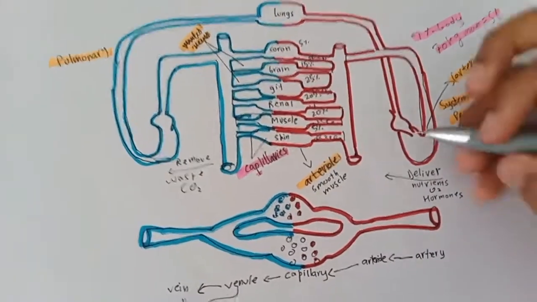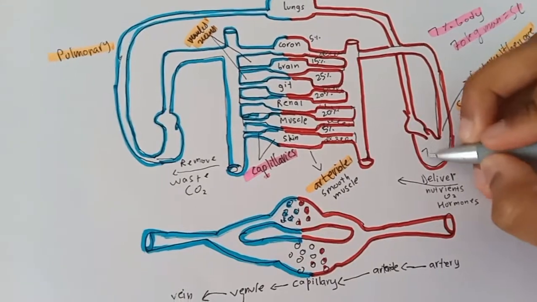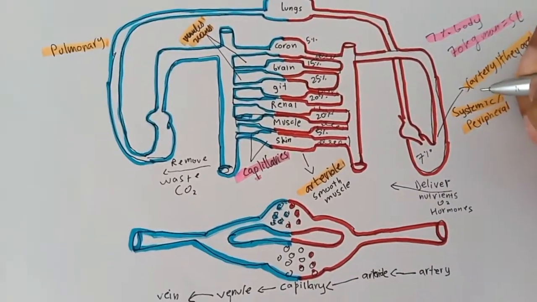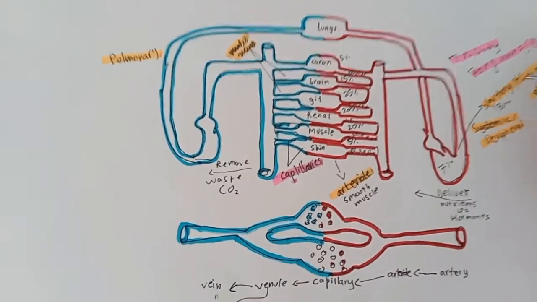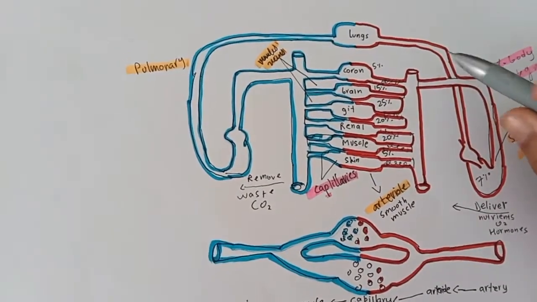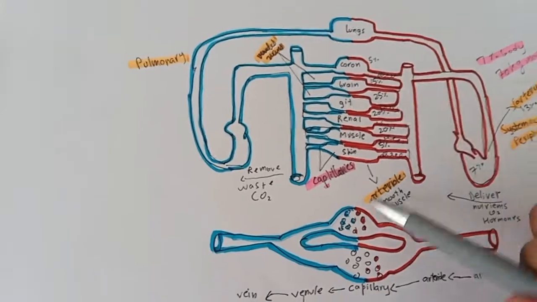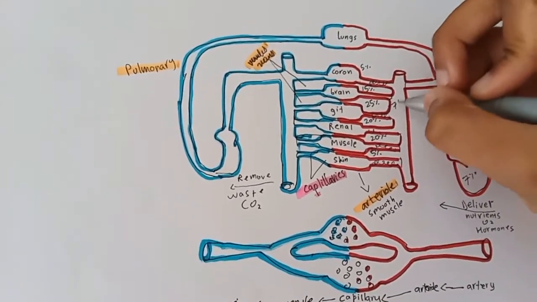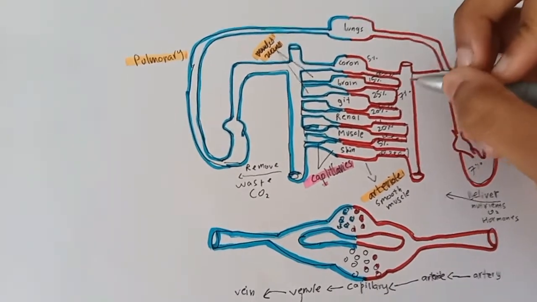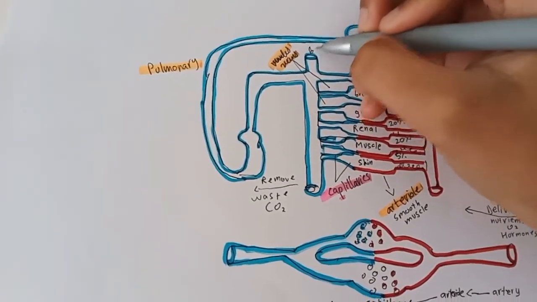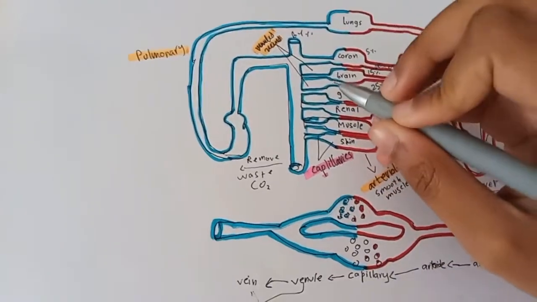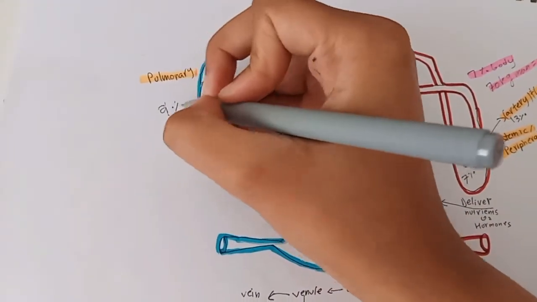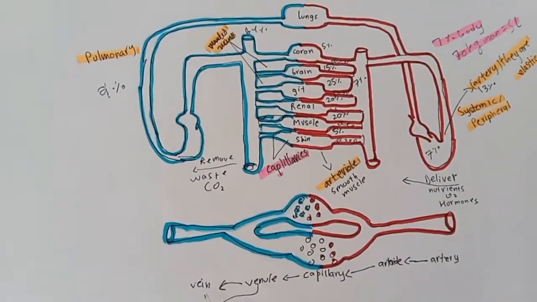So 7% is in our heart, 13% is in the arteries, 7% is in the arterioles, so somewhere here, 64% is in our venules and veins, and 9% is in our pulmonary vessels.